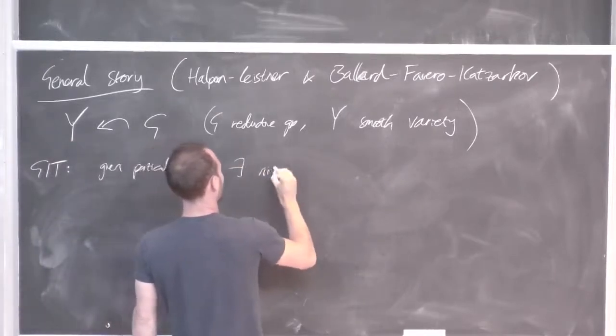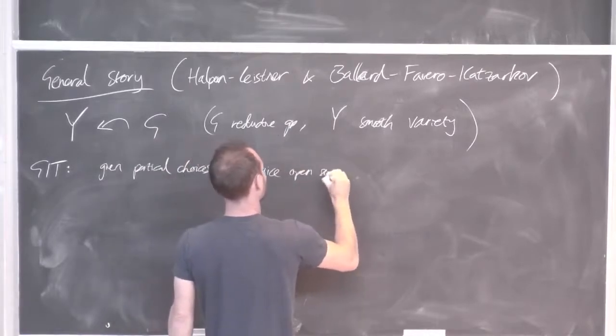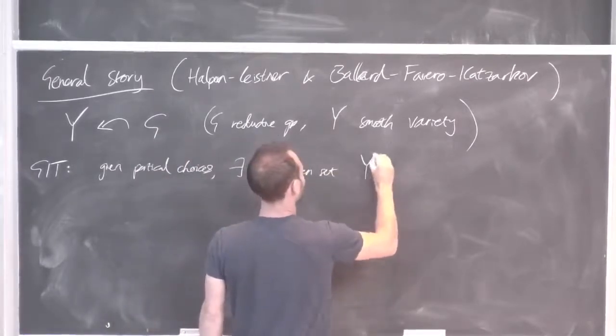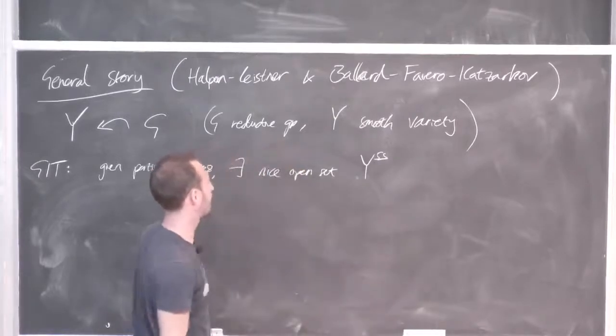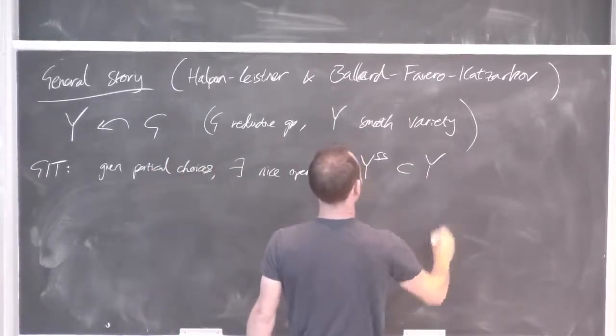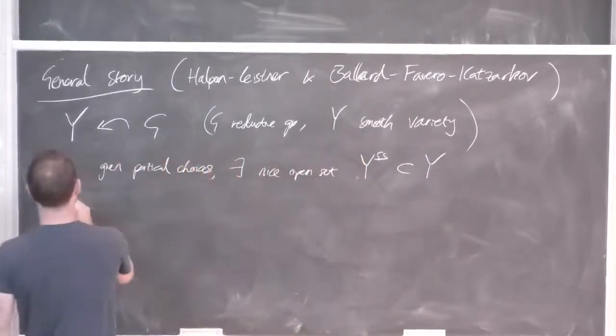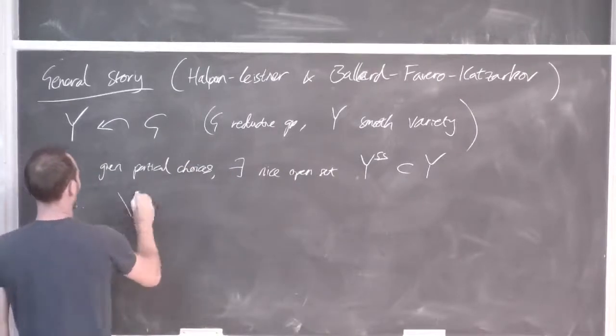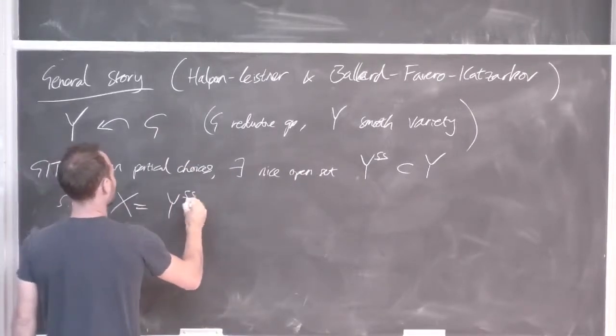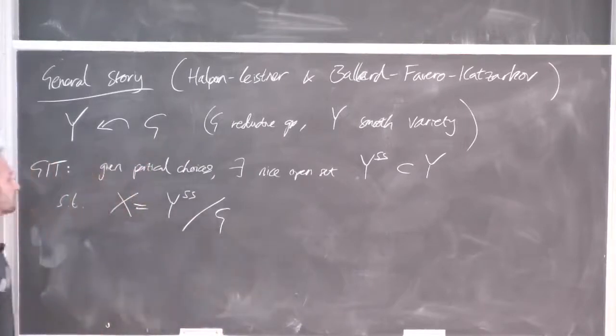there exists a nice open set, which is called the semi-stable locus inside Y, such that when you just quotient the open set by G, you get a reasonable thing.